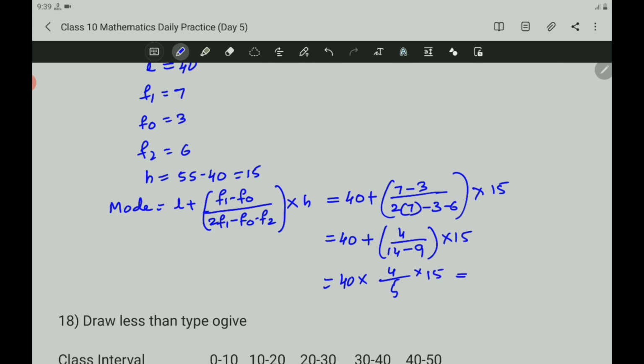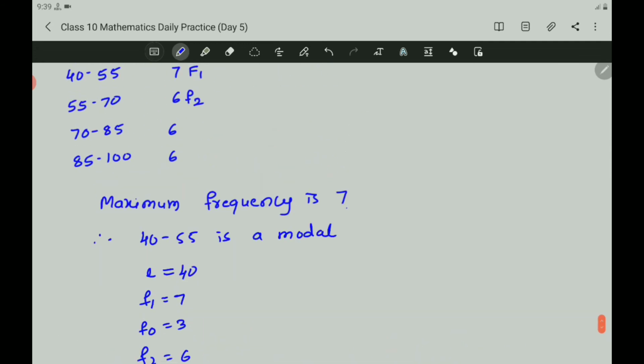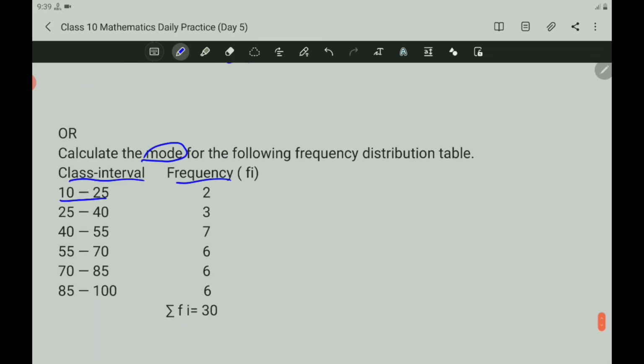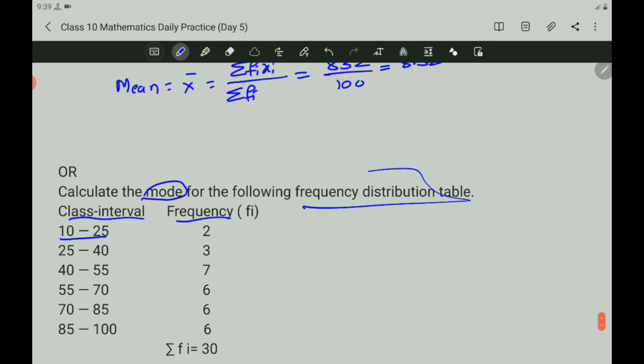Here you write not into, it is plus. 40 plus 5 ones are 5, 5 threes are 15, 4 threes are 12, plus 12, that equals 52. So here you got that mode equals 52. The mode of the frequency distribution table is 52.